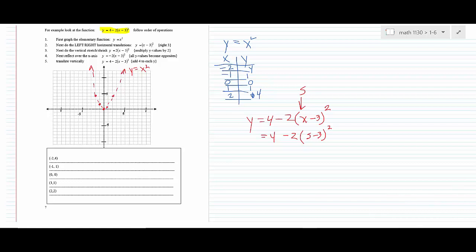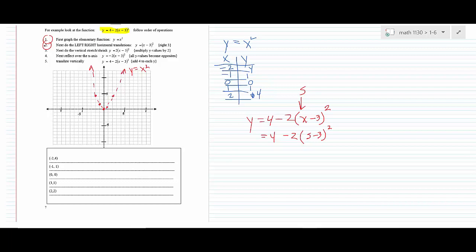Inside parentheses, right? That part of the problem, inside the parentheses, is what does the left-right stuff. So that's the way you should always work with transformations: you do your elementary function, then you do your left-right. You don't have to memorize that, because if you solve that problem, you would think about the order you would do it. You would do that, then you would square, then what?